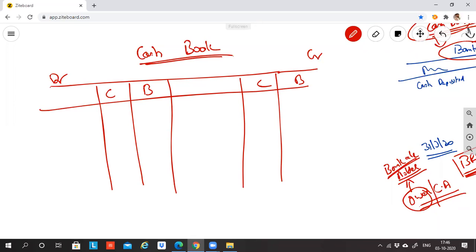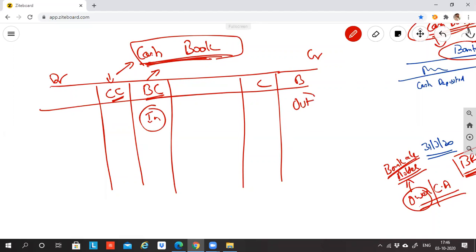So this is the cash column of cash book, and this is the bank column of cash book. Under cash book, we prepare two columns, cash column and bank column. Whenever money is coming inside, we record on the debit side, and whenever money is going outside, we record on the credit side.